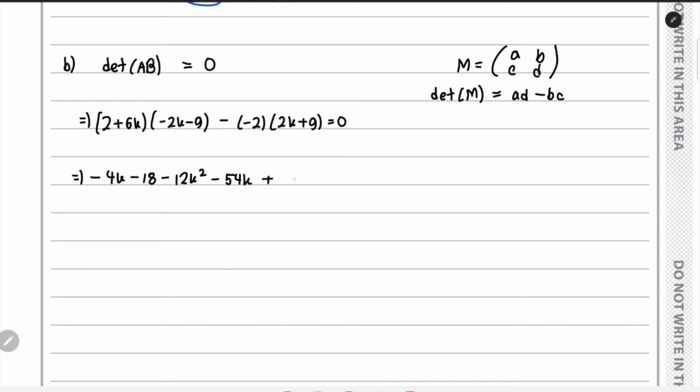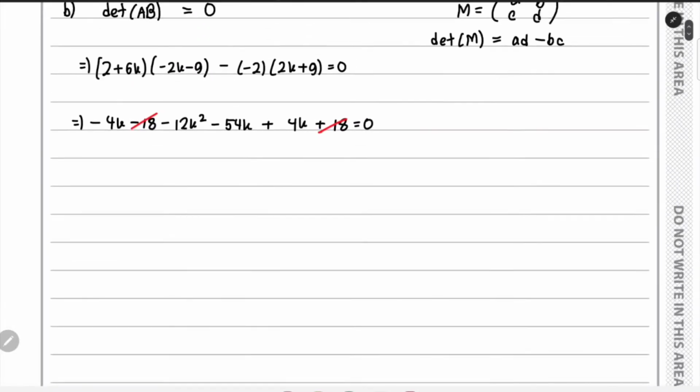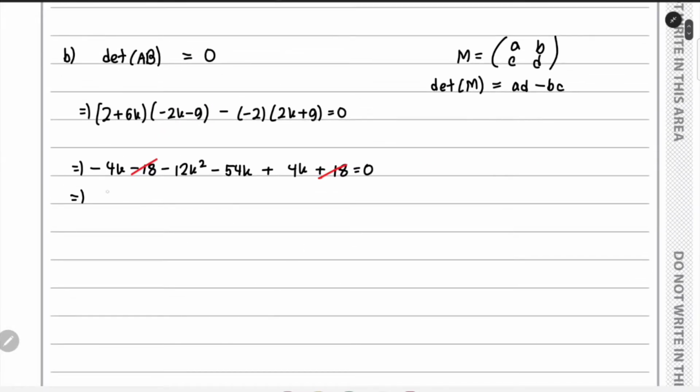So 2 times 2k is 4k, and 2 times 9 is 18. This is 0. This 18 over here and this 18 over here cancel out. Also this minus 4k and plus 4k cancel out. So I have minus 12k squared minus 54k.